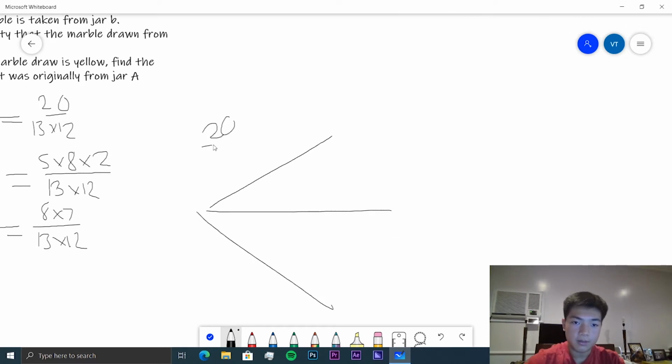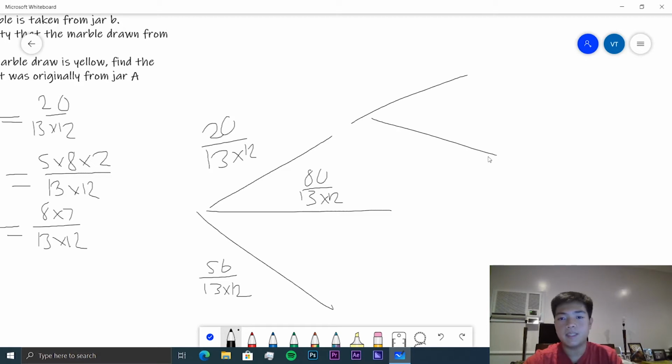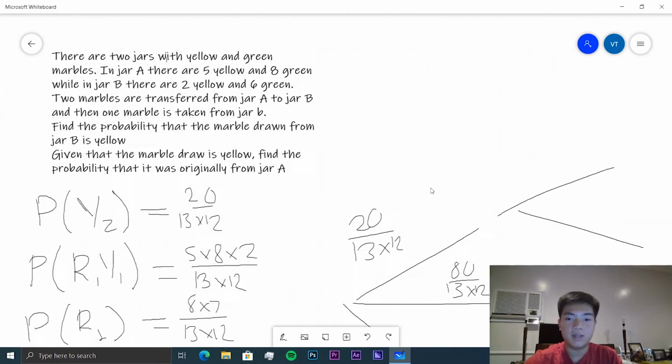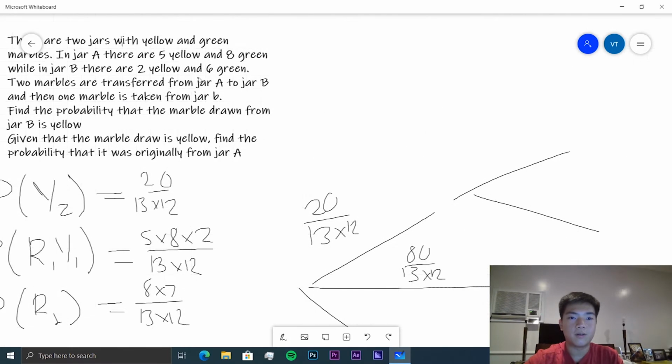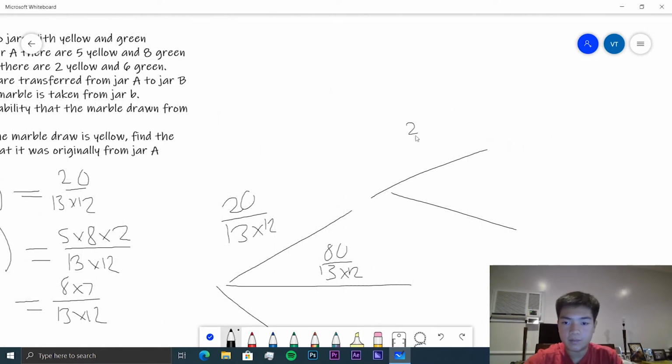So 20 over 13 times 12, 5 times 8 times 2, 80 over 13 times 12, 56 over 13 times 12. And so the probability that a yellow marble is drawn from here, when we add 2 yellow marbles, is 4 over 10, so 2/5. And then 3/5 that it's green.